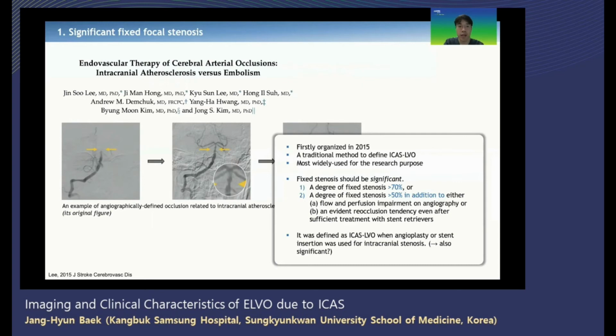To define the ICAS ELVO, the fixed focal stenosis should be significant. By its original definition, a stenosis degree of more than 70%, or moderate stenosis with a perfusion impairment or a tendency toward re-occlusion, can be significant.